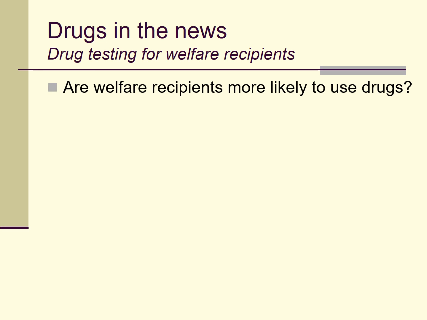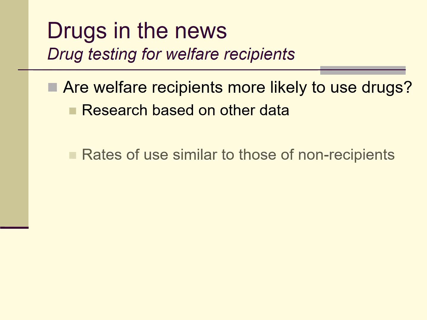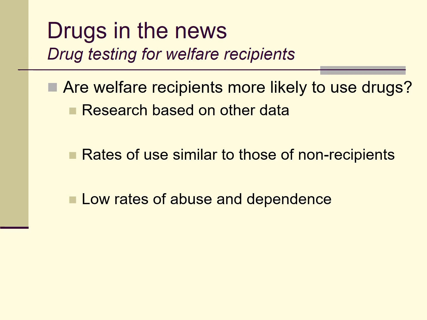And indeed, other researchers who have used other data sources, not just the National Survey of Drug Use and Health, have found similar rates of drug use among people who are welfare recipients and people who are non-welfare recipients, and again have found relatively low rates of abuse or dependence among folks on welfare programs.